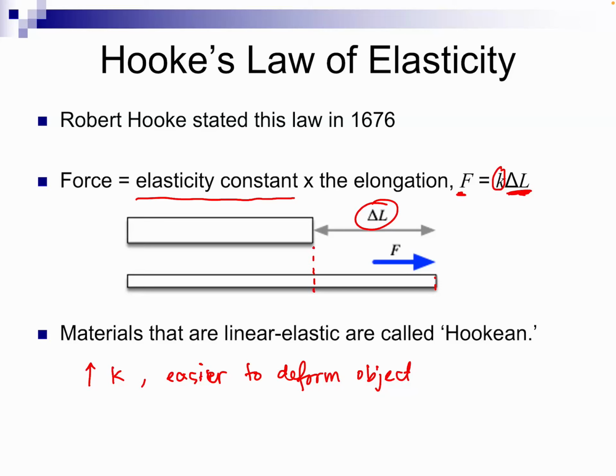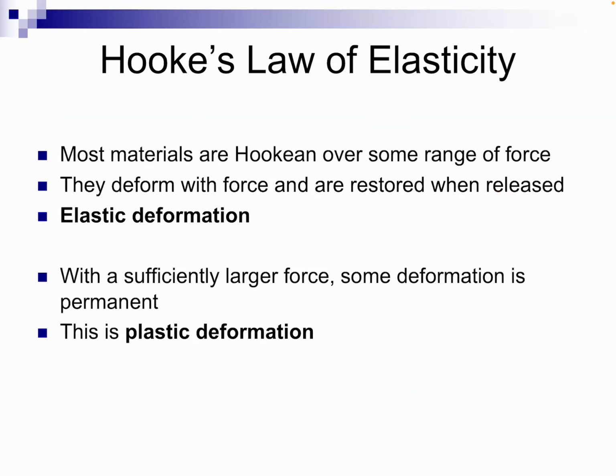Okay. So materials that are linear elastic, meaning they follow Hooke's law, where the elongation is directly proportional to the force, are called Hookean. But objects, even if they are elastic, are only Hookean over a small range of forces.